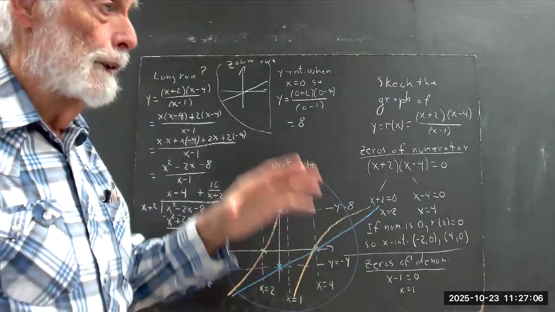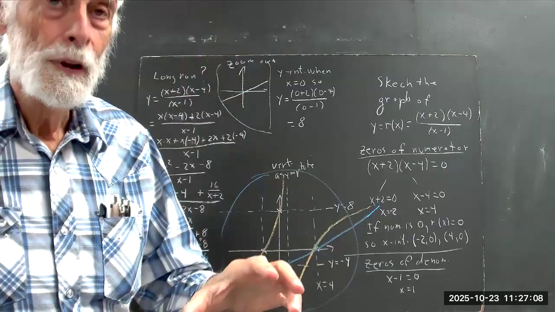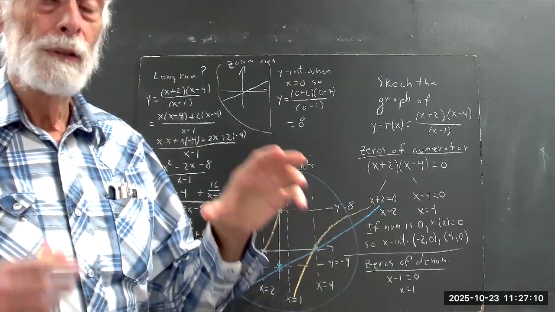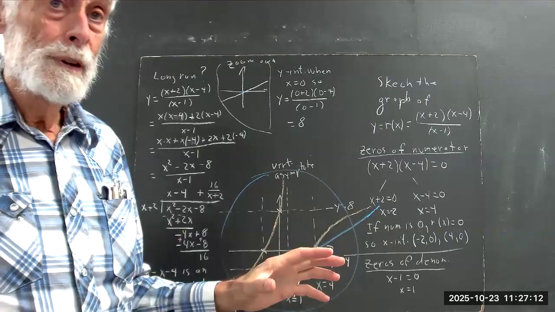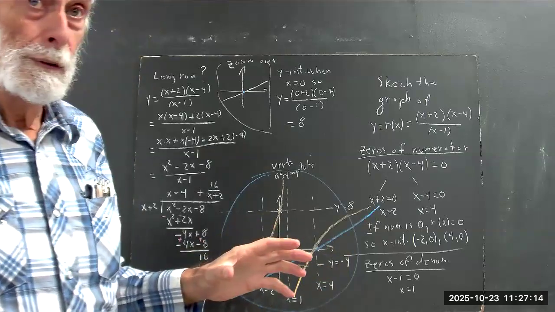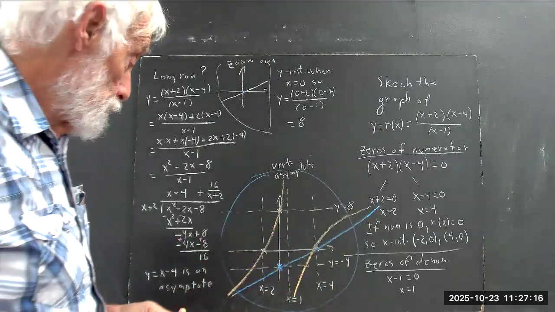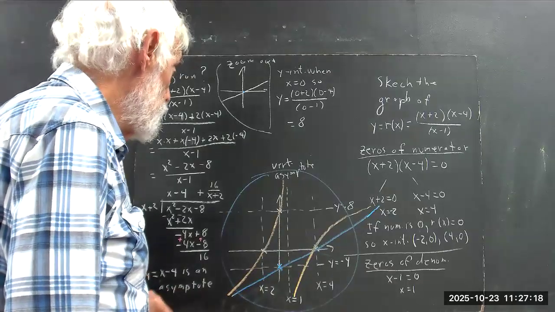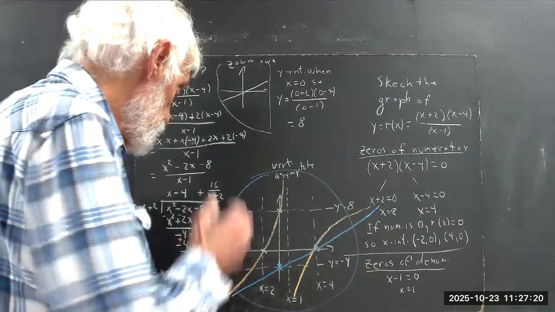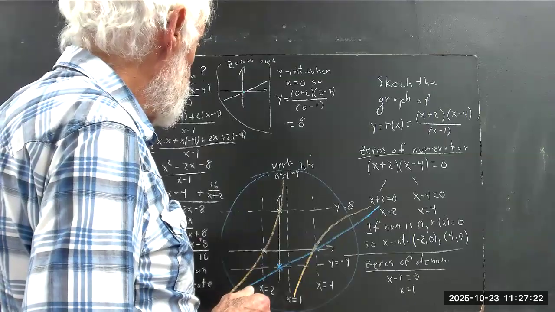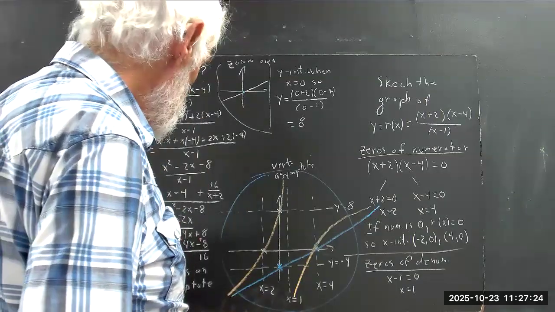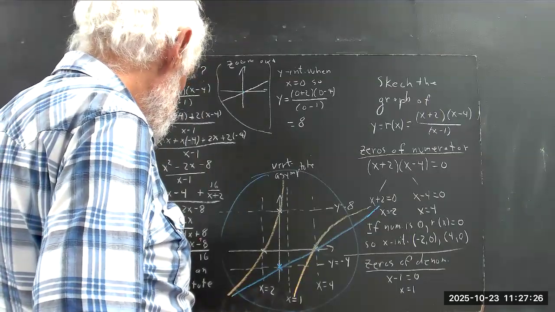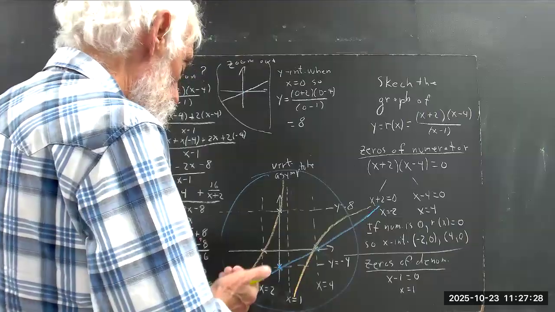Now, you have to understand the transformation application to the toolkit functions. But if you understand that, then this tells you exactly what this function should be. I have room to write it, so I'll write it here.